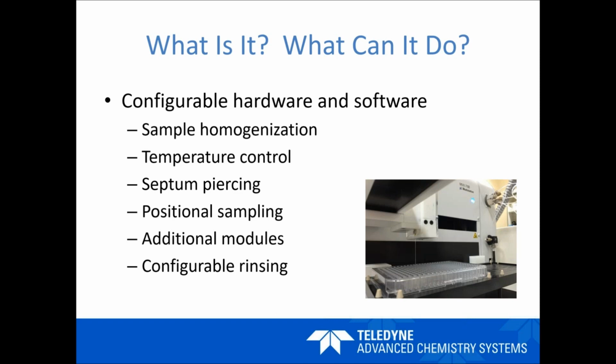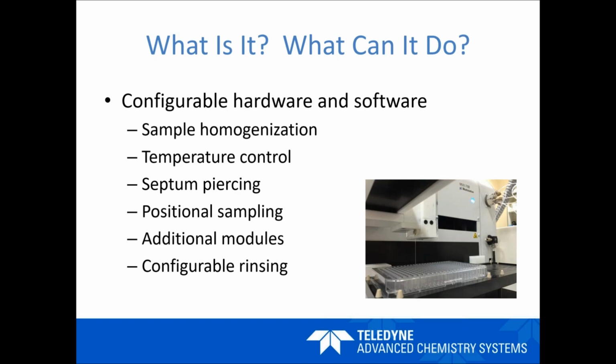We can add septum piercing for samples if you want to be working with particular vials. You've got positional sampling as well, so you can pull your sample from a particular height in either a well plate well or a sample vial or tube if you want to be pulling from a certain point rather than going straight to the bottom.